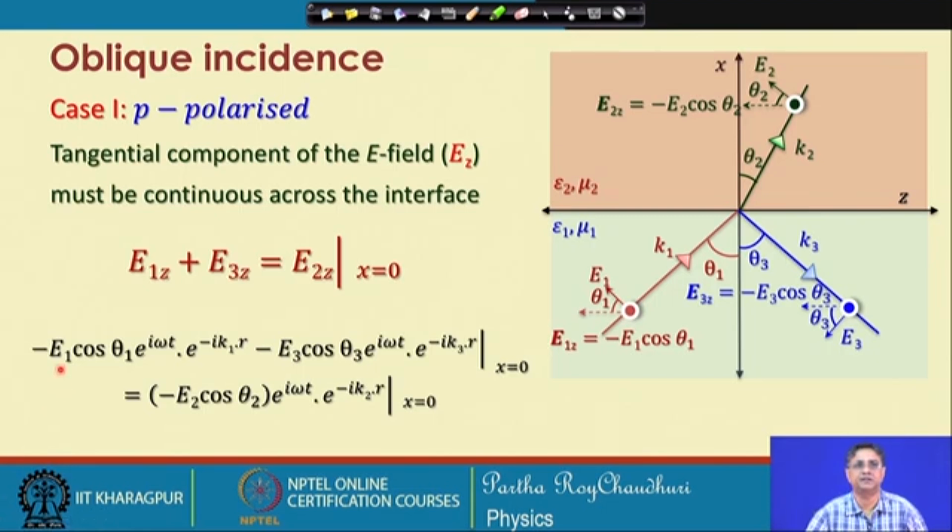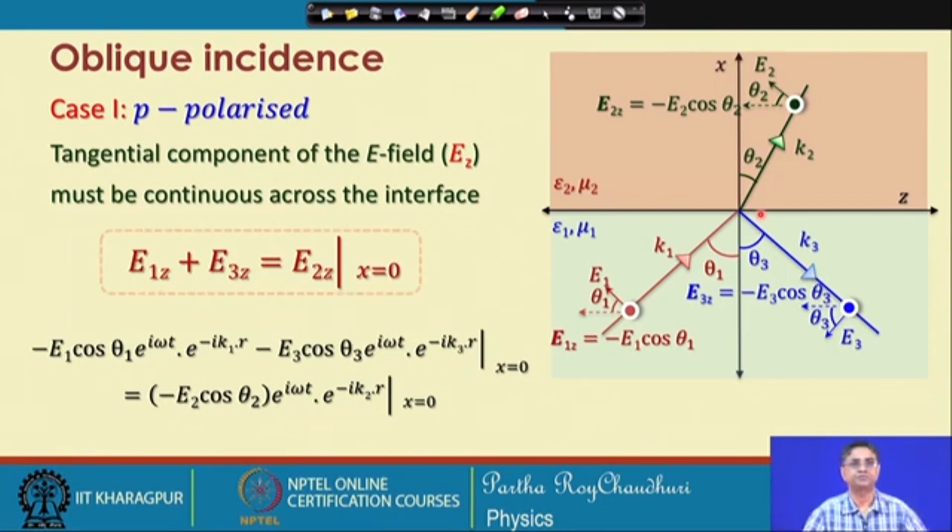So, we can write this tangential component continuity condition, that the incident electric field tangential component plus the reflected electric field tangential component will be equal to the transmitted electric field tangential component, that is E 1 z plus E 3 z equals E 2 z. So, they must be continuous across the interface, that is at x equal to 0.